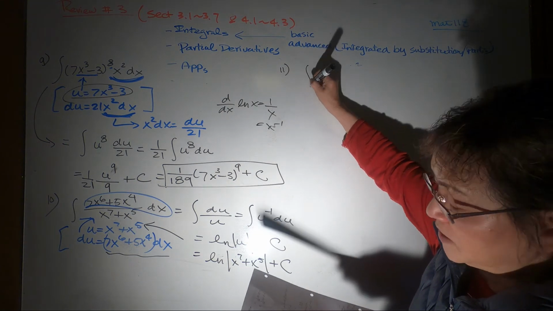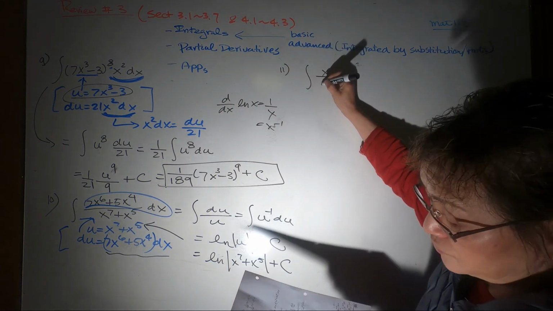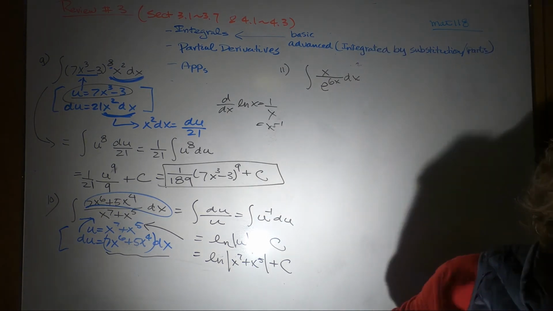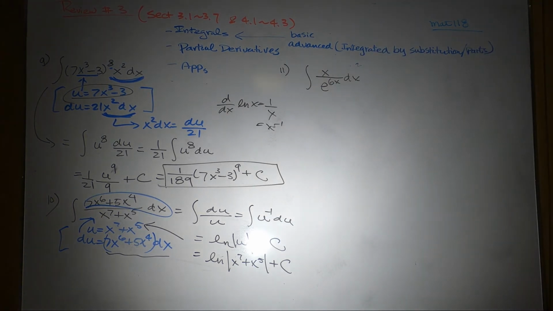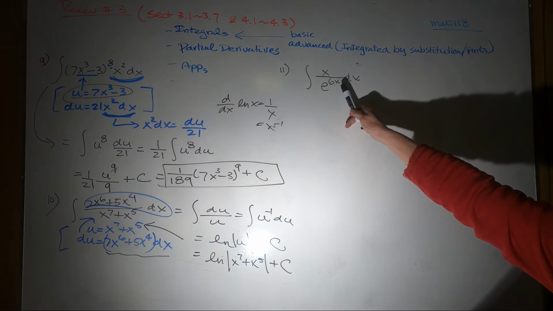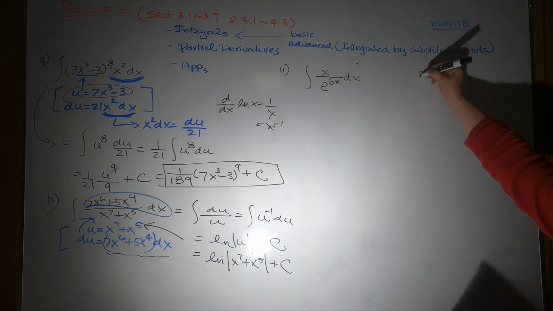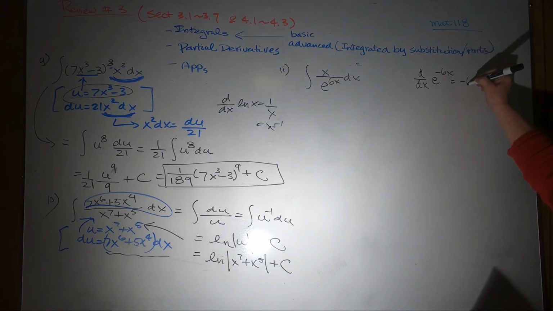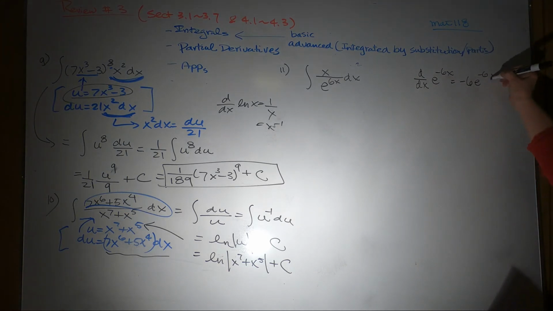Next one, we are going to do integration by parts. Okay? Because if you take the derivative of e to the negative 6x power, it will be negative 6 e to the negative 6x.